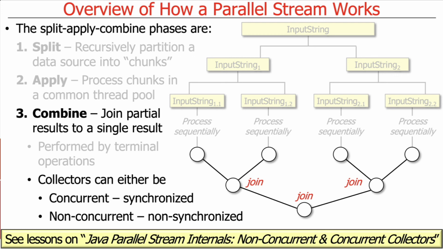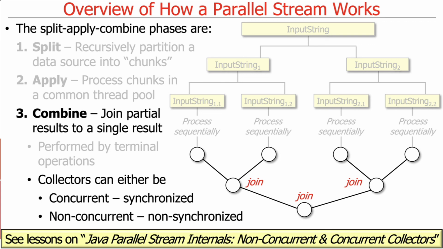You can have different kinds of collectors used if you're doing collect, and those collectors can be concurrent, in which case you are responsible when you write the collector to synchronize access to some shared mutable result container so it doesn't have corruption, race conditions, and atomicity problems. Or you can also make your collectors non-concurrent and non-synchronized.